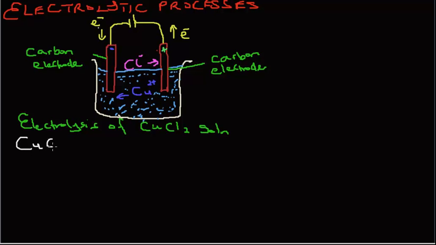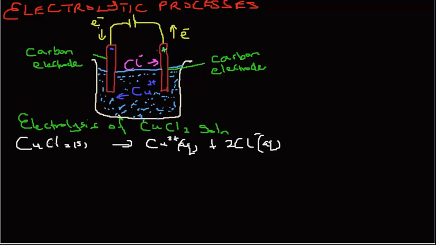Our copper(II) chloride, which is in solid form, is dissolved in water, and it will dissociate into its respective ions, that is the copper(II) ions and the aqueous chloride ions. So at the end of the day, these copper(II) ions are right there in the solution, and our chloride ions are right there in the solution.